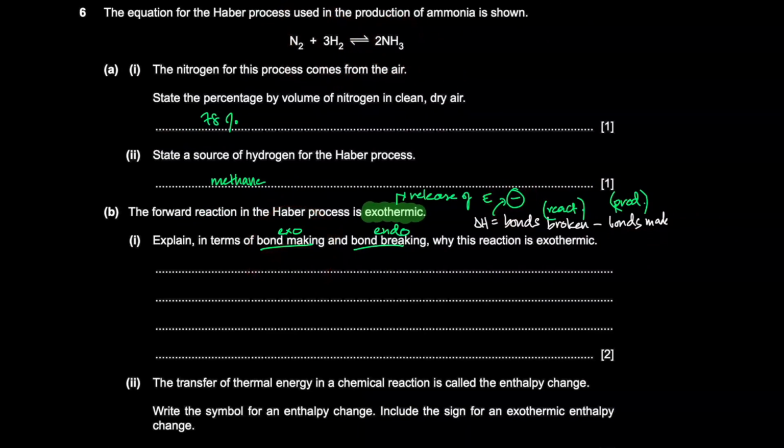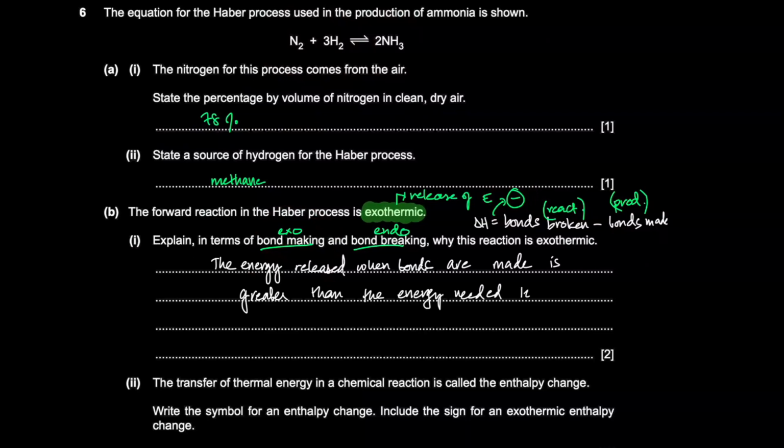So we can say that the energy released when bonds are made, okay, energy is always released when bonds are made, is greater than the energy needed to break the bonds.